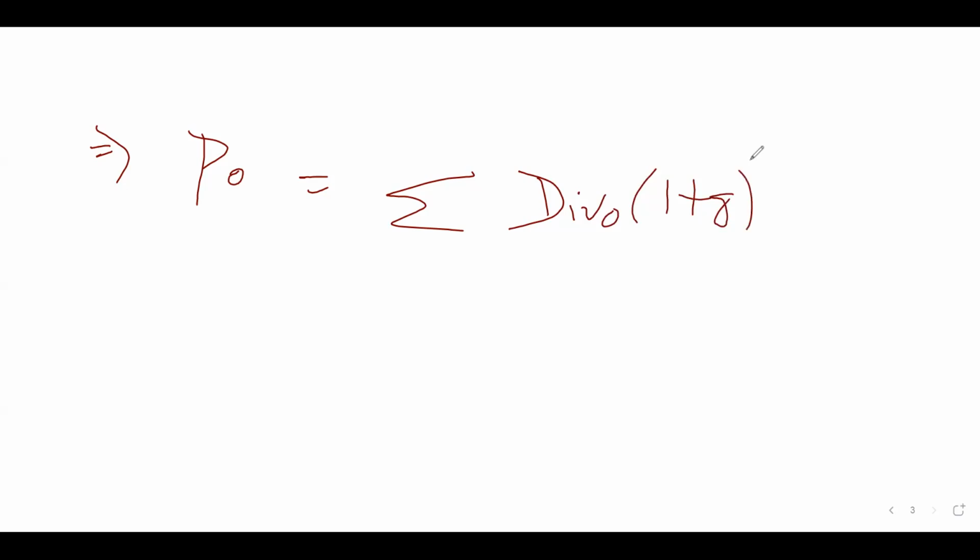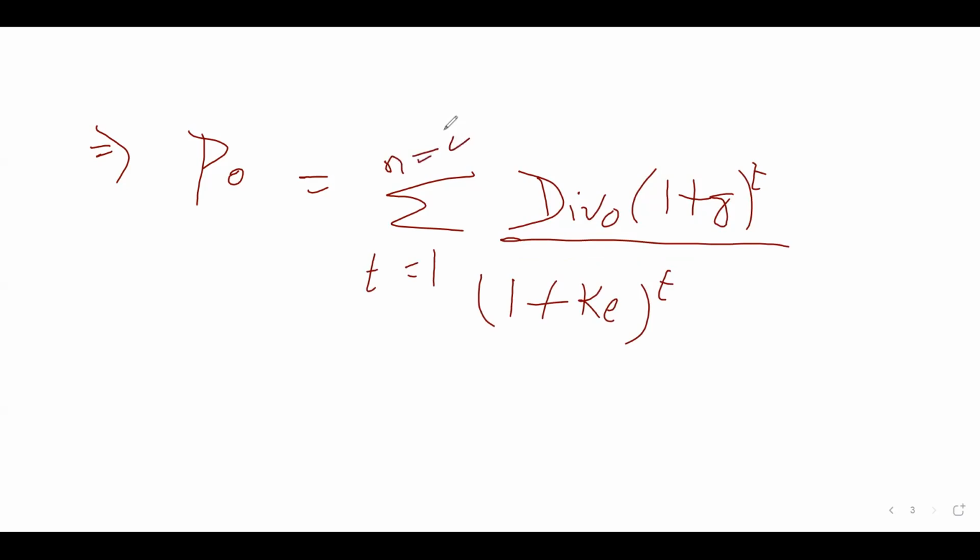Okay, so I write it as P0 equal to the summation of Div 0 (1 plus g) to the power t, divided by (1 plus Ke) to the power t, with t changing from 1 to n tending to infinity. Let this be our equation 2.